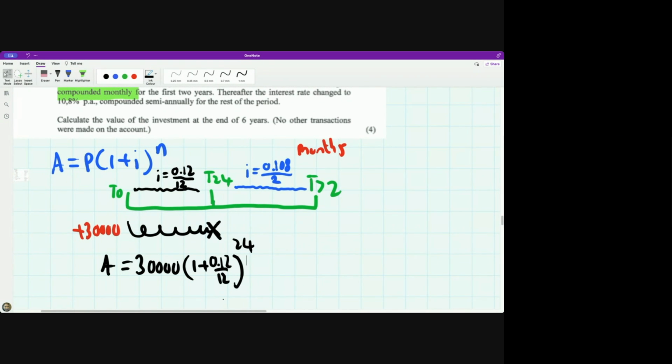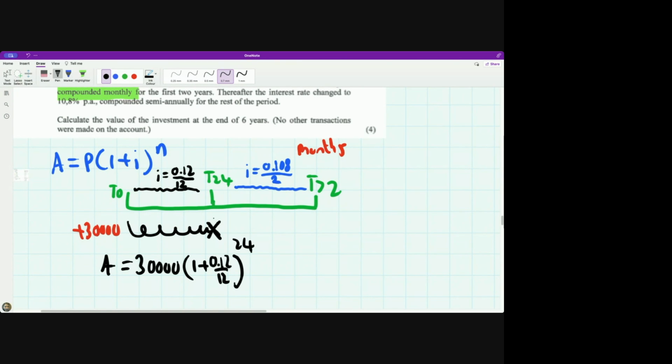So if I put that in my calculator, 30,000 times 1 plus 0.12 over 12 to the power of 24, and I get 38,092. Okay, everyone.